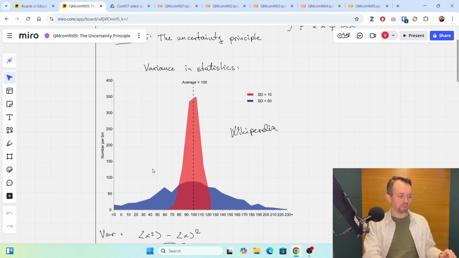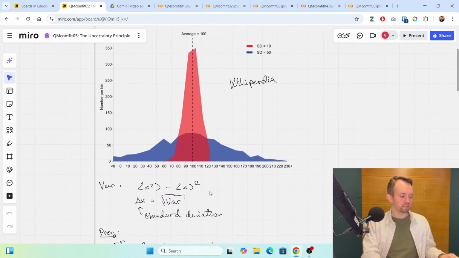Here we're looking at two distributions for an experiment, and they both have the same average, namely 100, but one of the distributions is much more spread out than the first. So we say that the second distribution has a higher variance than the first.